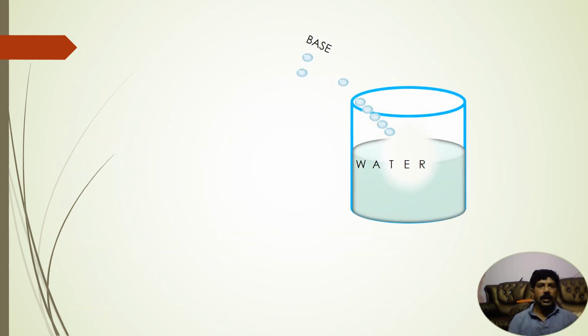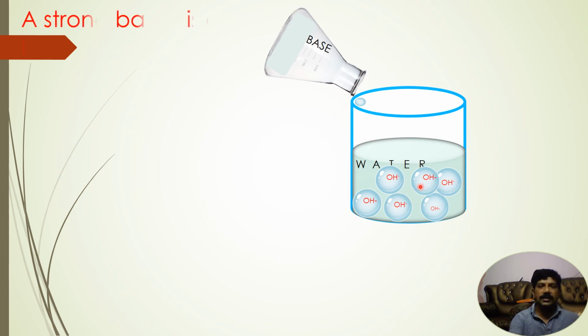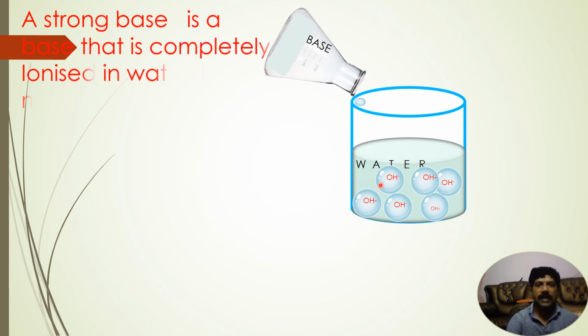Then let us discuss what is a strong base and what is a weak base. Consider this an example. I have taken some water in the beaker. I added the base. What happened to the base when dissolved in water? It splits into ions, OH minus ions. So a base which gives more OH minus ions in their aqueous solutions is considered as a strong base.